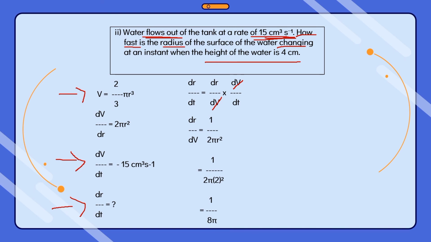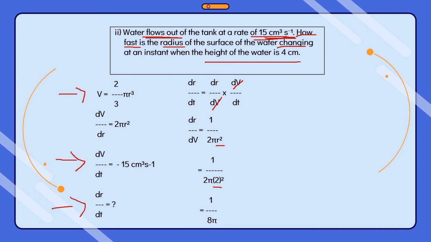So how do we find dr over dv? We already have the volume, which is 2 over 3 pi r cubed. Then we just differentiate, and we get dV over dr, which is 2 pi r squared. The relation we created is dr over dv, but we have dv over dr, so we just turn it upside down and get 1 over 2 pi r squared. And then this r we substitute with 2. Why do we substitute r with 2?